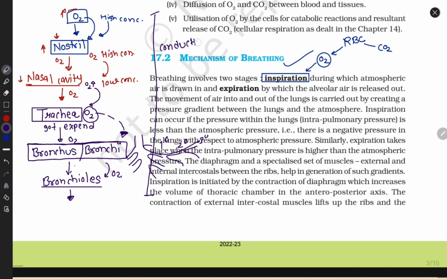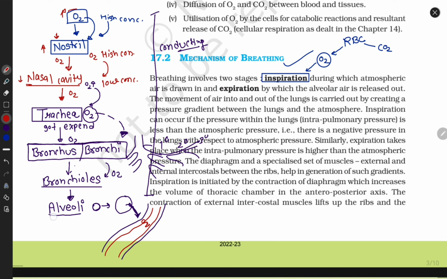Now they move their oxygen towards the alveoli, and the alveolus is a sac-like structure. After taking oxygen they expand and transfer their oxygen to the blood vessels. This is the blood vessels, and oxygen comes in.